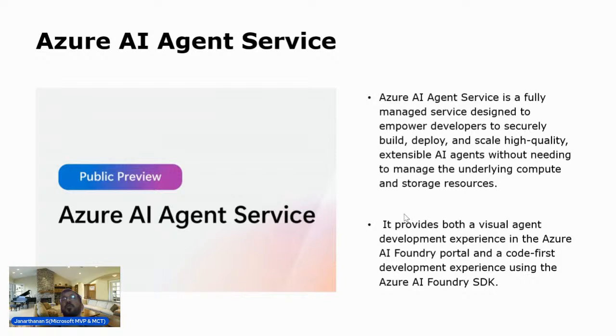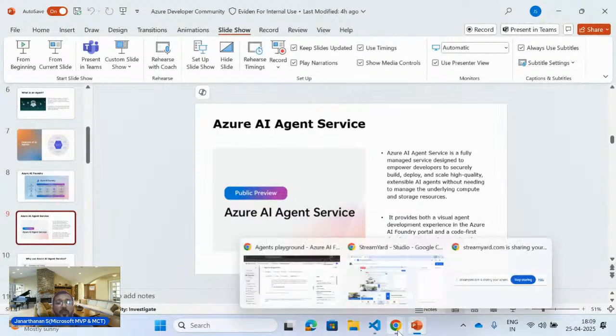There are two ways you can create an agent. One, with the help of visual experiences in Azure AI Foundry through Azure AI agent services. The second approach, you can create your agents with coding-based experiences. Let me show you the differences.